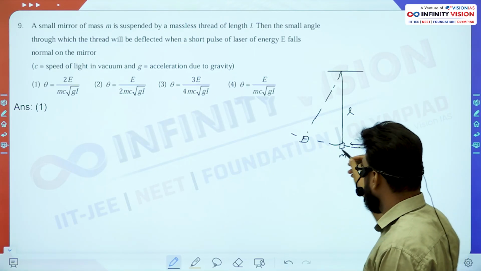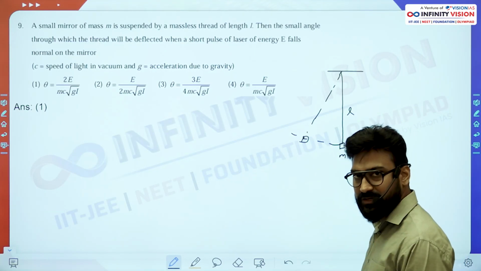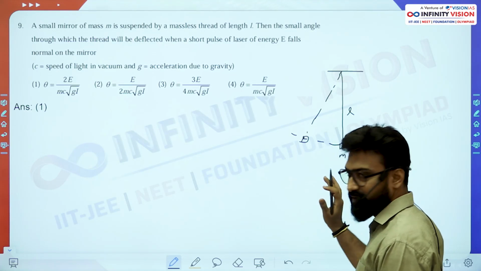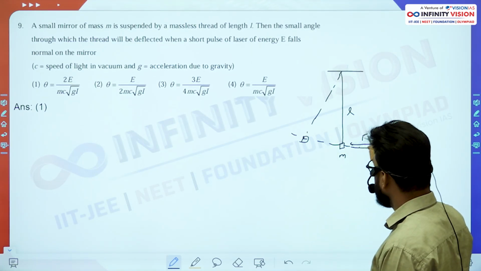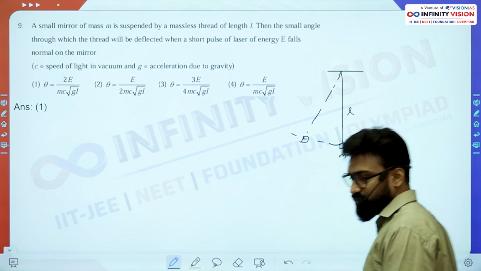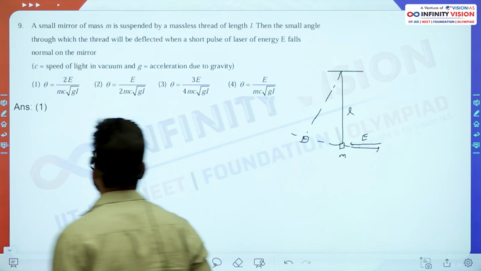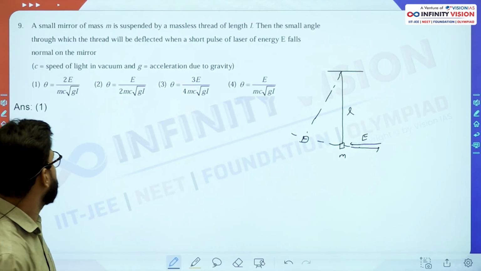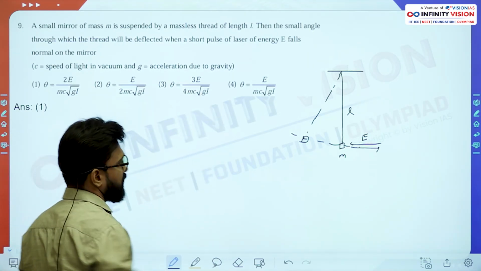Initially this mirror was at rest, and the energy of the incident laser light was E, where C is the speed of light and g is the acceleration due to gravity.